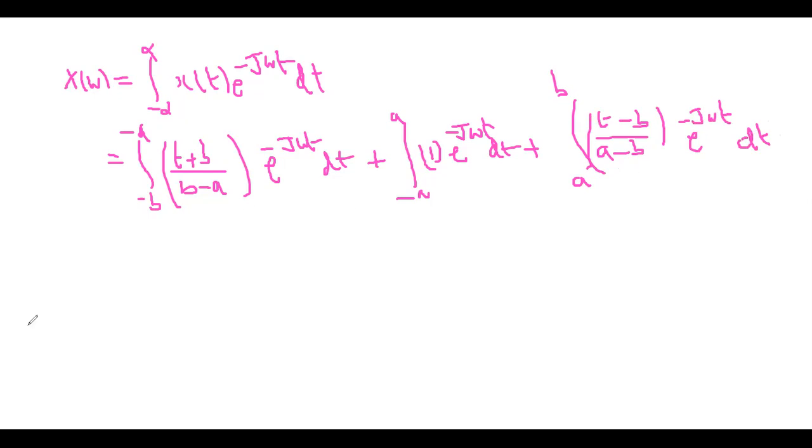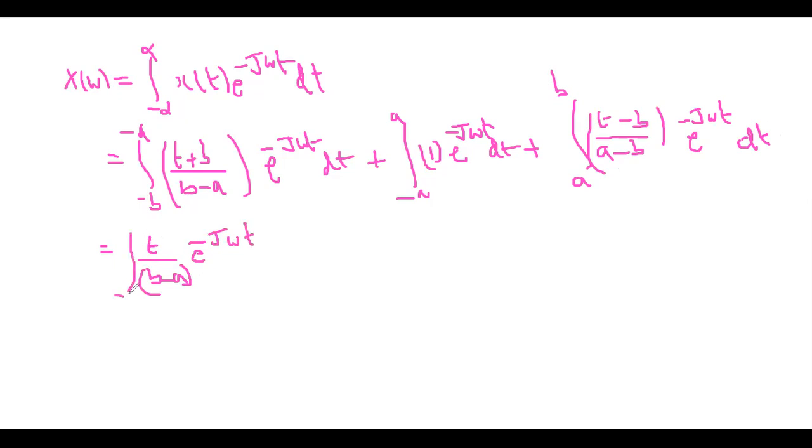Where we did wrong, my dear students, it is a t is there here. I taken it totally as t plus b by b minus a is a constant. Only b by b minus a is only the constant. Okay. Now these two integrals will get as t by b minus a e power minus j omega t.